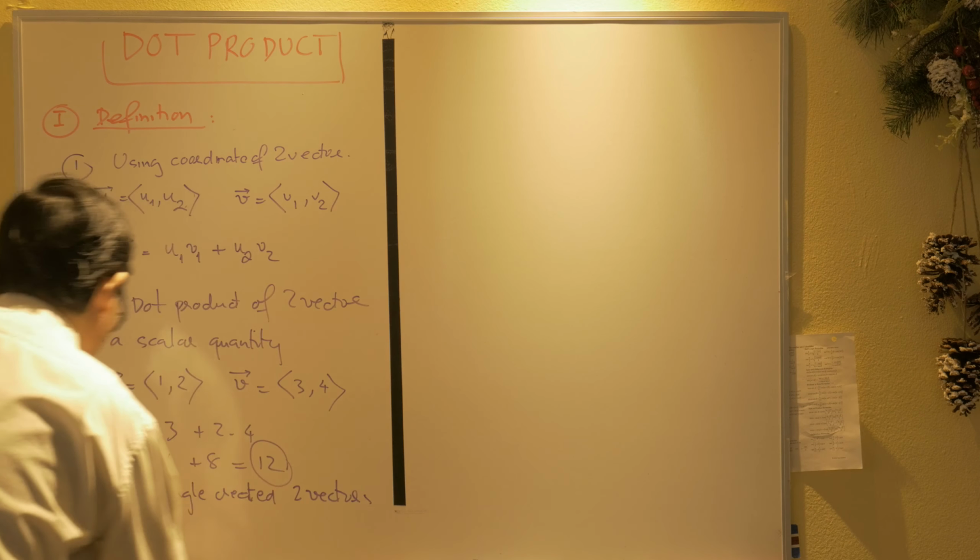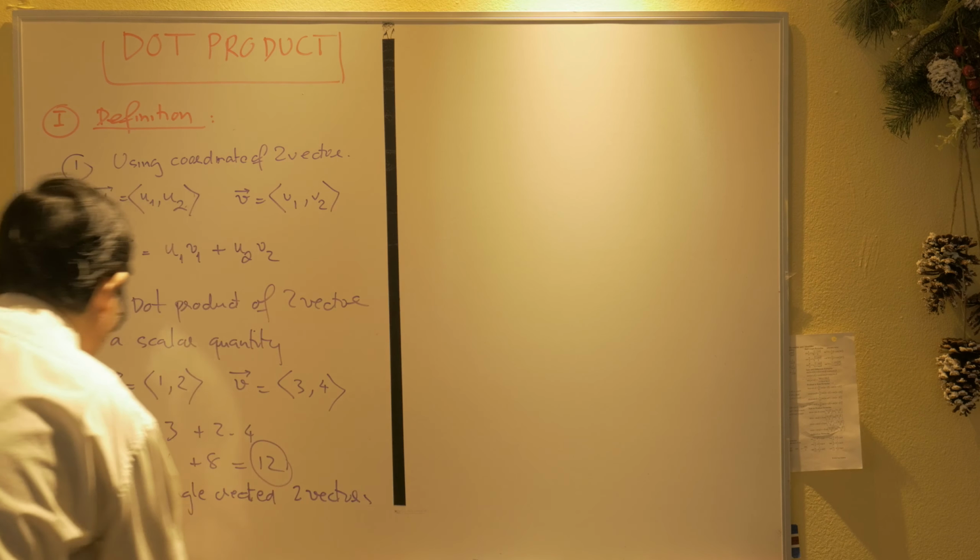So the dot product of u and v, instead of using the coordinates, can be defined as follows. u dot v is equal to the magnitude of u times the magnitude of v times cosine of the angle between vector u and vector v.